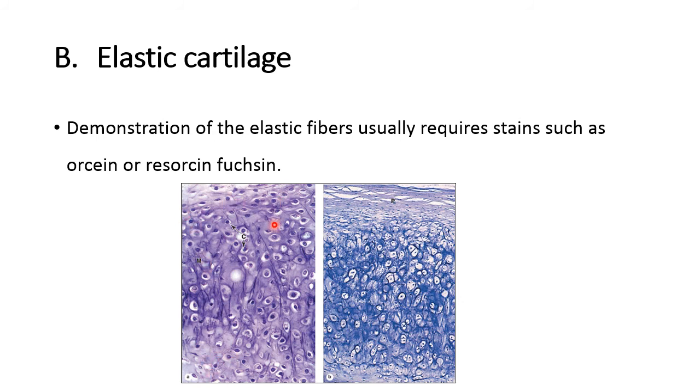The left side is orcein plus hematoxylin. These just demonstrate the elastic fibers, because in routine H&E stains they are rarely identified. So these are the special stains for demonstration of elastic fibers.